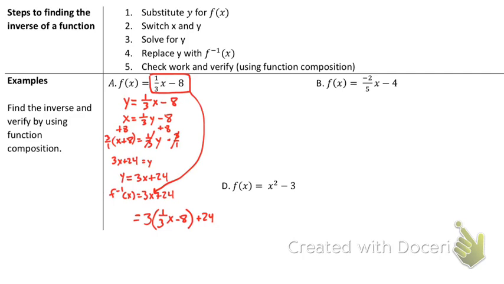And now I'm going to distribute the 3. 3 times 1/3 x turns into 1x. 3 times -8 turns into -24. We bring down the positive 24.